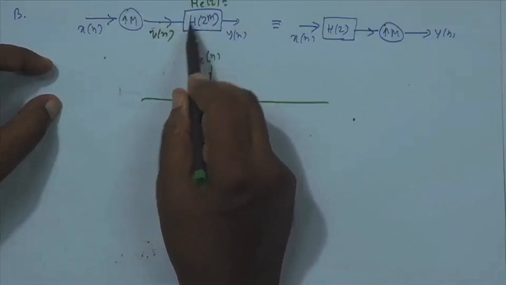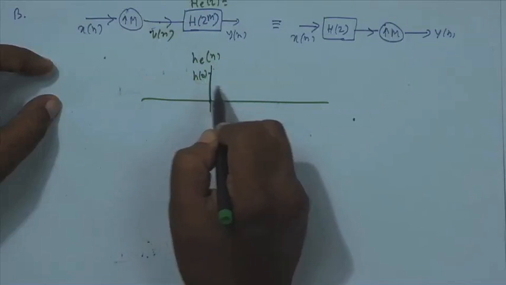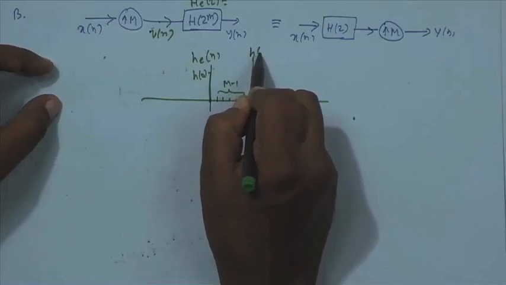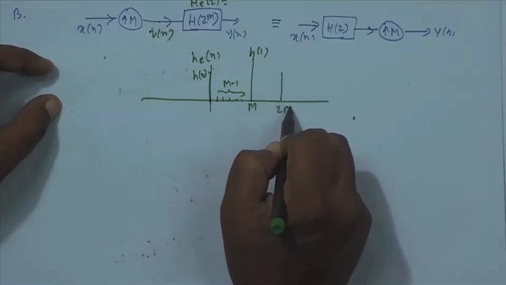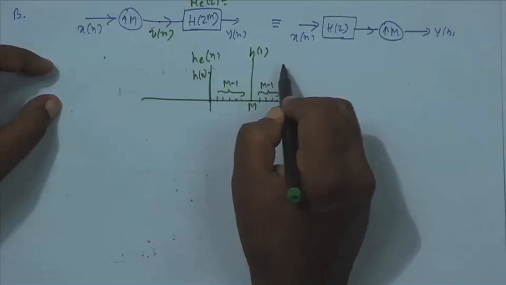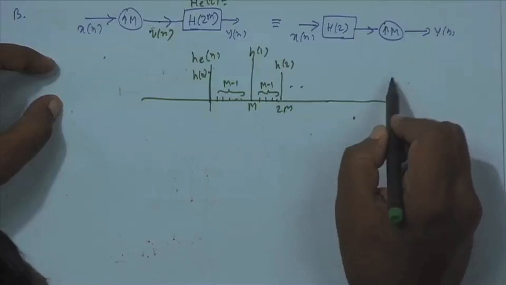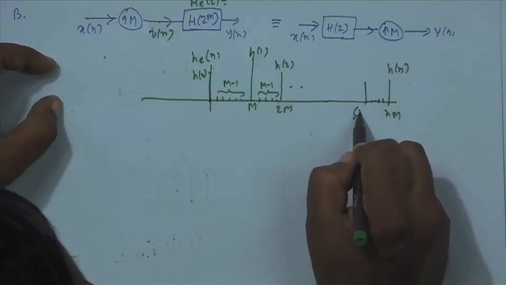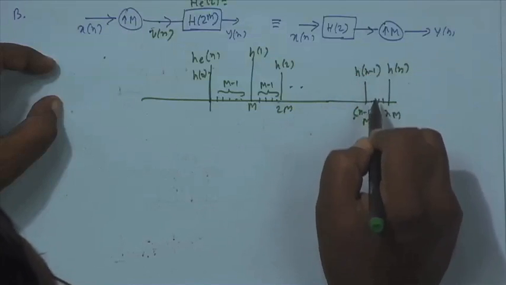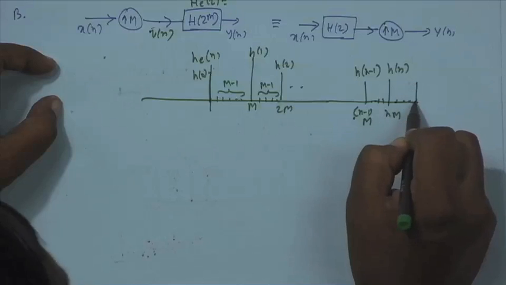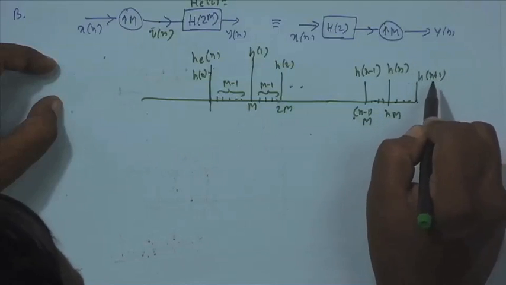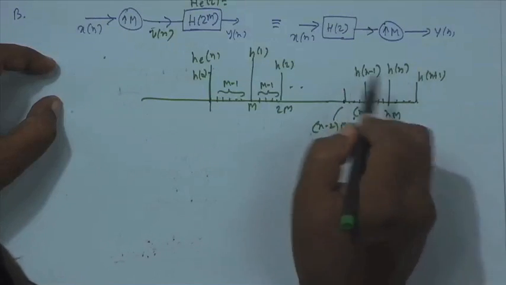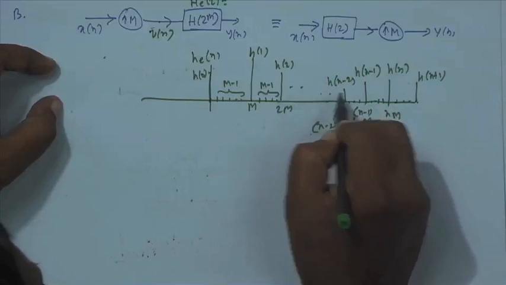So the impulse response is the expanded version of this: h 0, then m minus 1 zeros, then h 1 at the mth point, then zeros up to 2 m, h 2, dot dot dot, on this side h n at the n mth point, with n minus 1 times m zeros, then again zeros, this is n minus 2, dot dot dot.